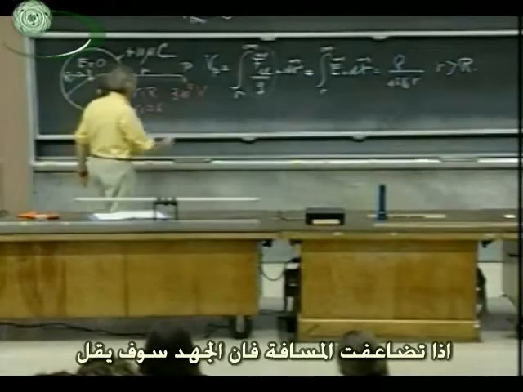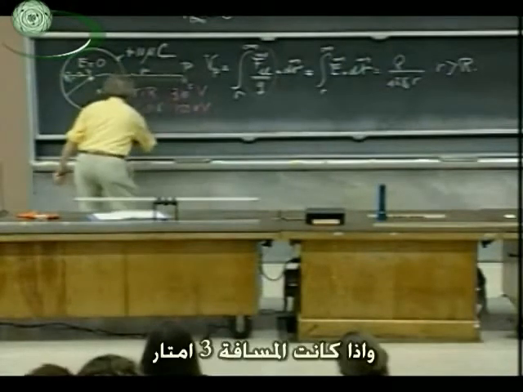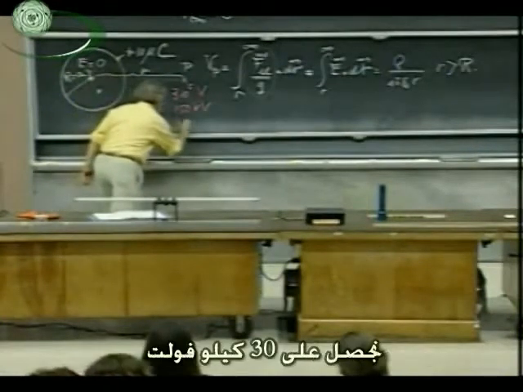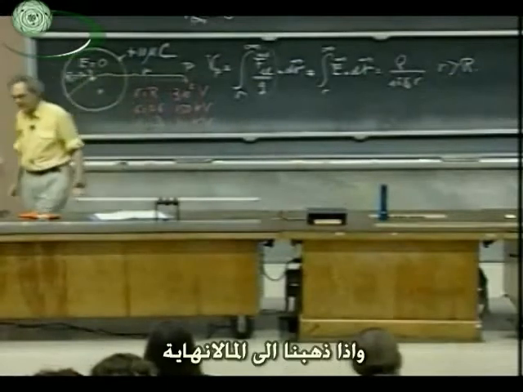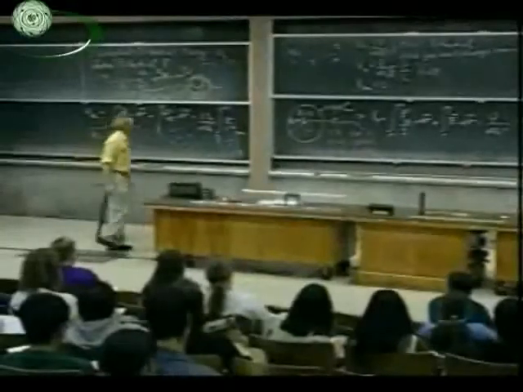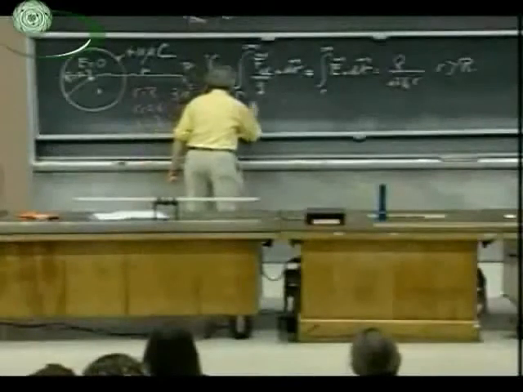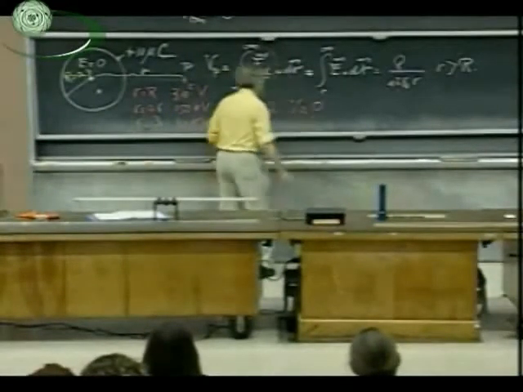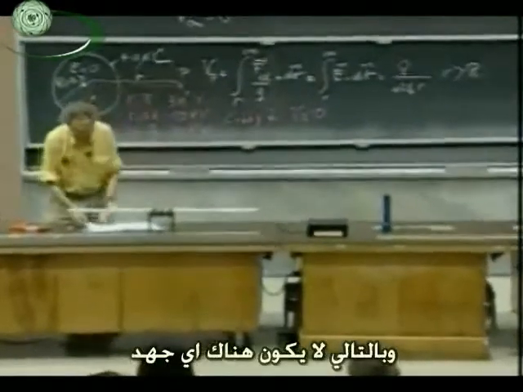It's 1 over r. So it would be 150 kilovolts. And if you go to 3 meters, then it is 10 times smaller, then it is 30 kilovolts. And if you go to infinity, which for all practical purposes would be lobby 7, then the potential for all practical purposes is about 0. Because r is so large that there's no potential left.